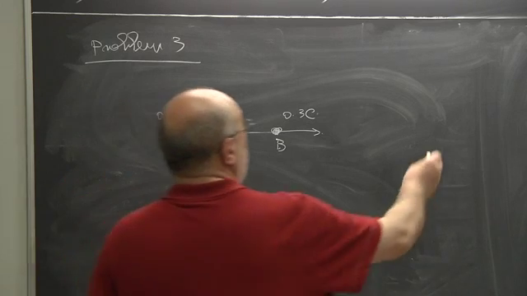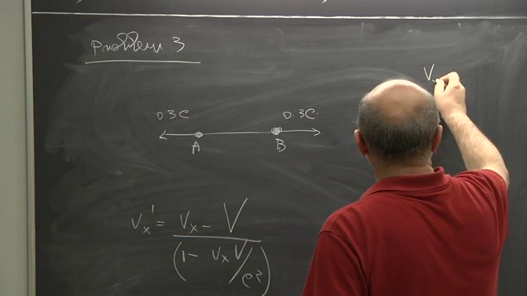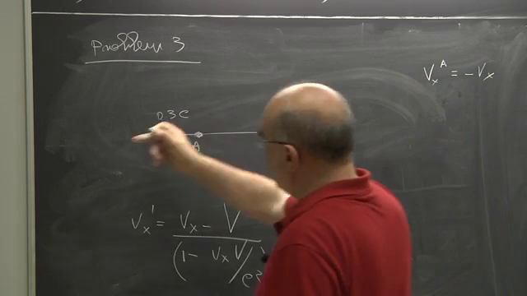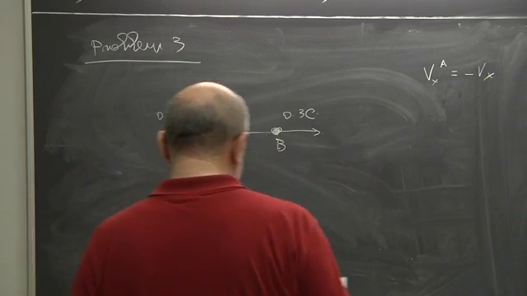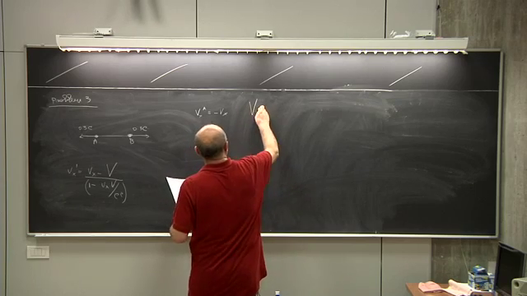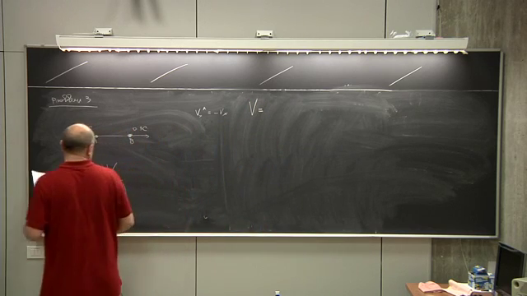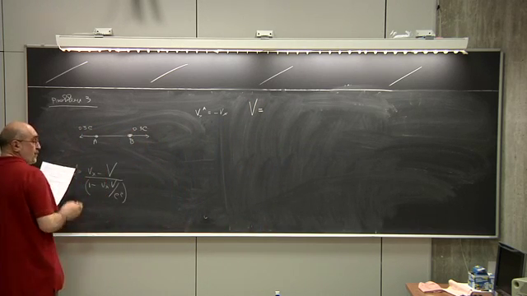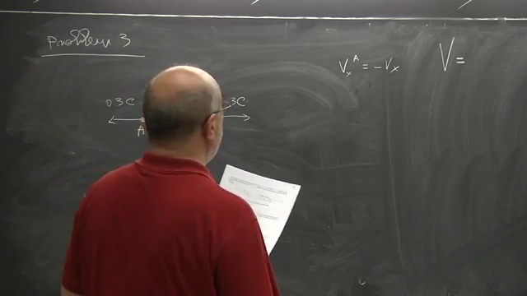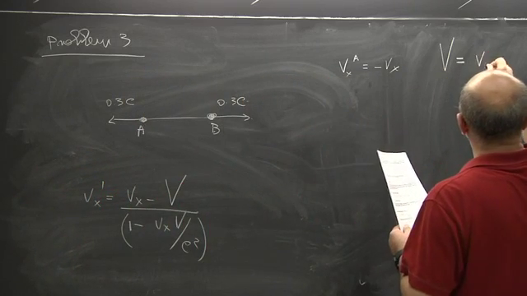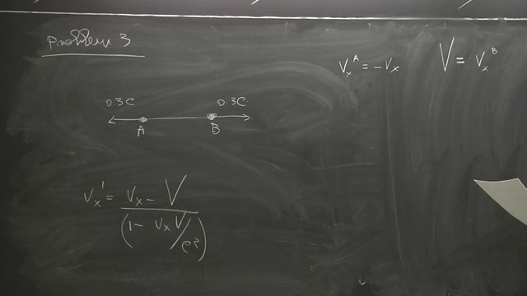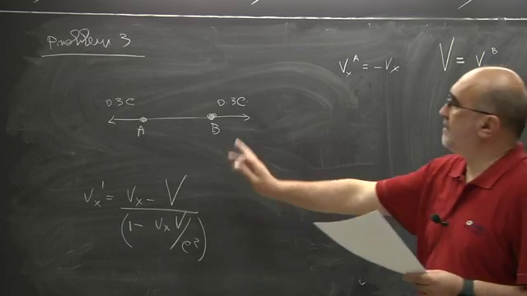Now, let's take galaxy A, and for galaxy A, its velocity is minus Vx, because it's going into this direction. Now, the velocity capital V is the velocity of the frame, as we sit on galaxy B and we want to see at which speed galaxy A moves. V is nothing else than Vx of B. Okay, so this is the speed of the frame.